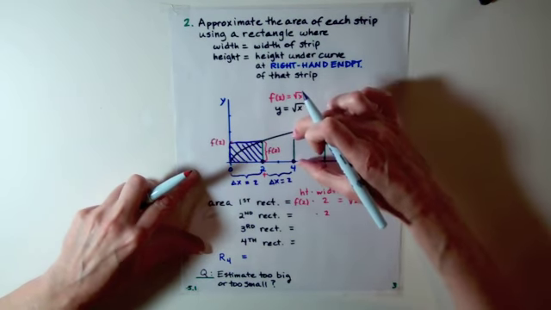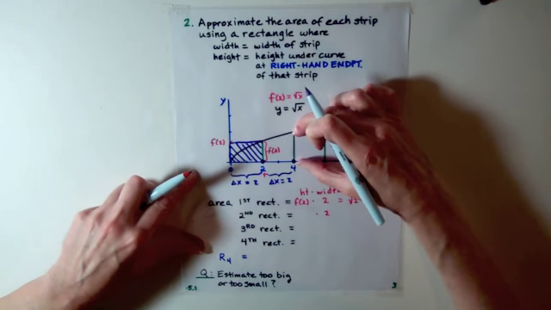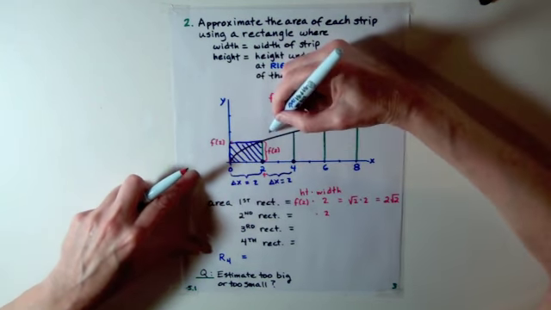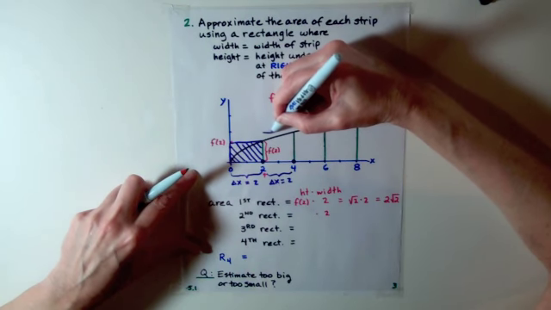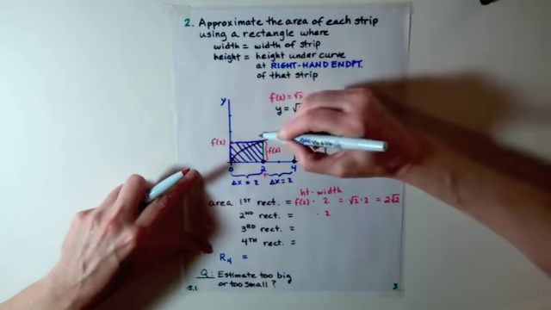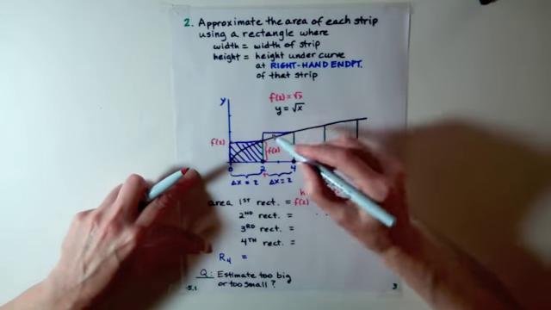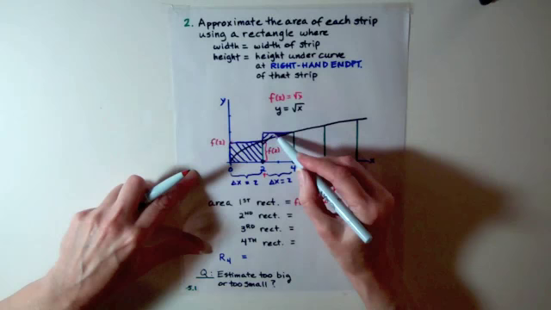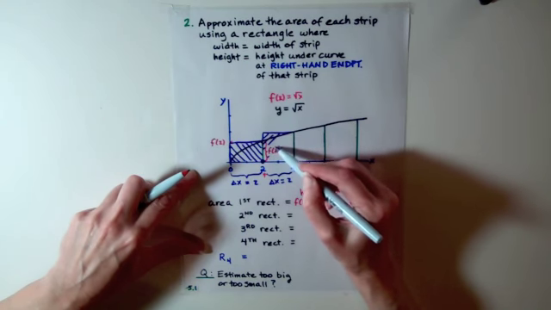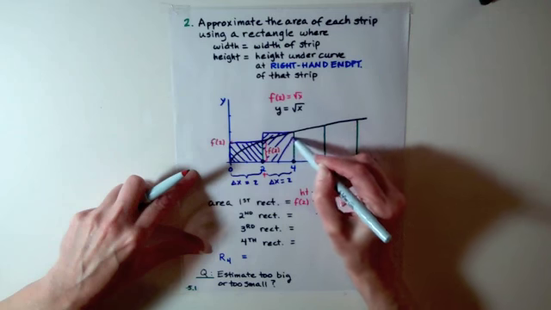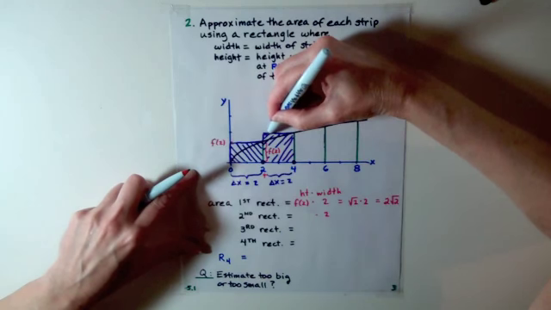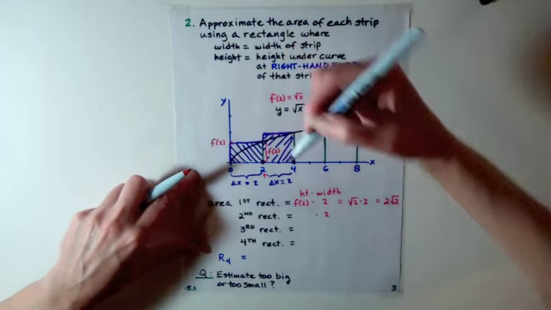So I'm going to use this green height underneath the curve as the height of my second approximating rectangle. So I make a rectangle that's that high. And so I'll get a rectangle that looks something like this, trying not to cover up what I did before. And that will be my second approximating rectangle.